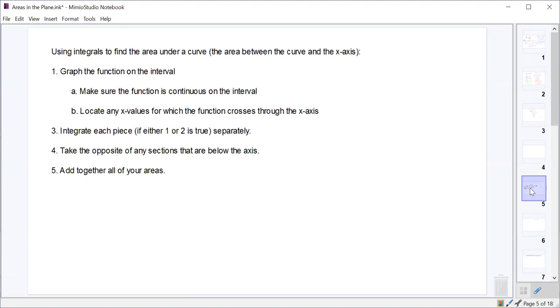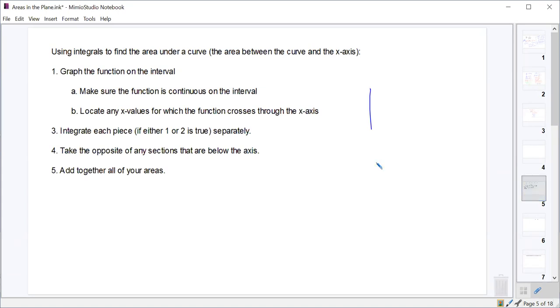And so when you have that situation where it crosses through, you have to integrate each of the pieces, the piece that's above the x-axis and the piece that's below the x-axis separately, because any values that are below the x-axis come out to be negative, and any values that are above will come out to be positive. And so if you combine those together, it's going to cancel stuff out and make your area a little bit off.